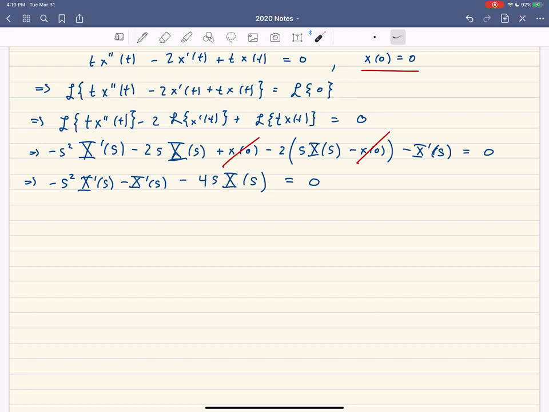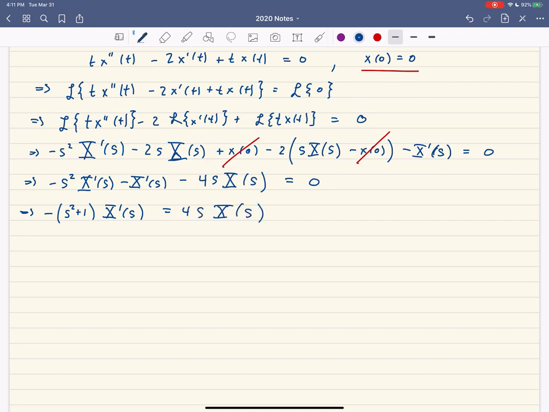It doesn't really matter how we proceed from here; there are lots of orders. So let's factor out a minus s squared plus 1 capital X prime of s, and I'm going to move the 4s capital X over to the other side. So it's 4s capital X.